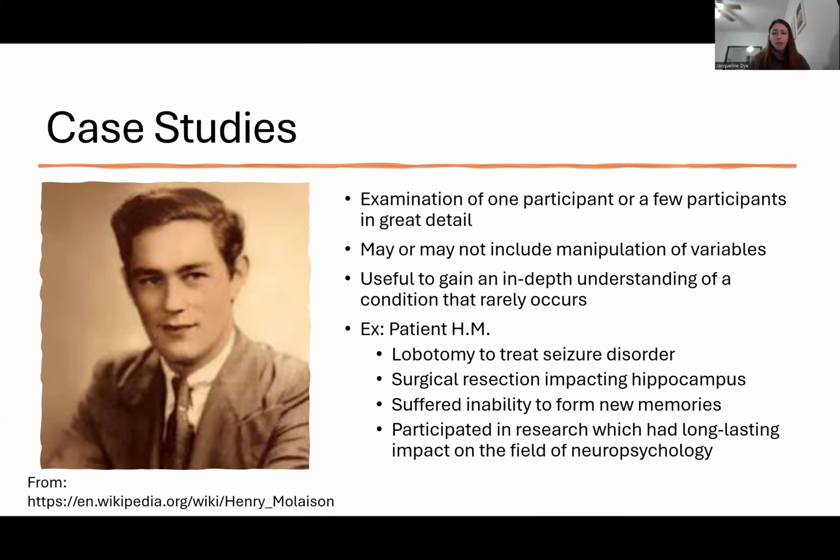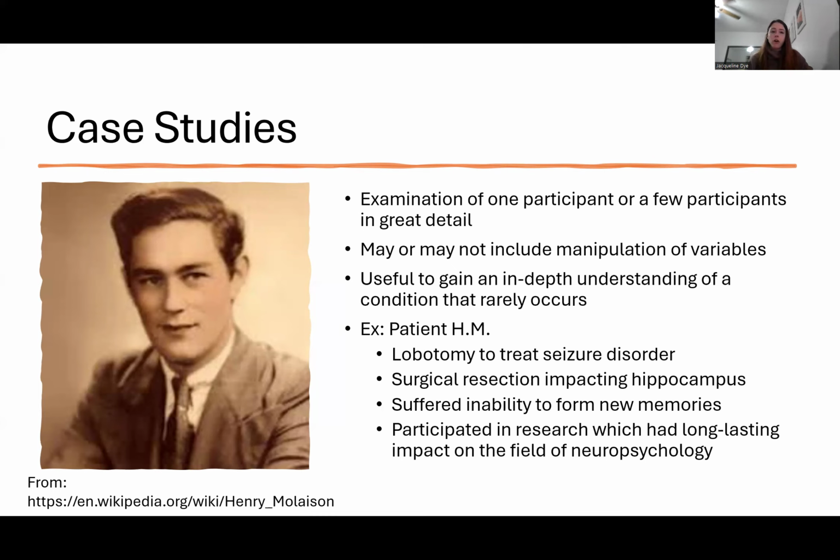I think there's different methods that were used at the time, but essentially making changes surgically to the brain. So he underwent a lobotomy in the hopes that it would assist with his seizure symptoms.